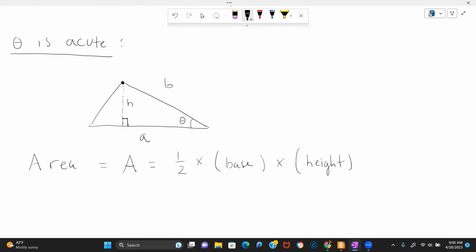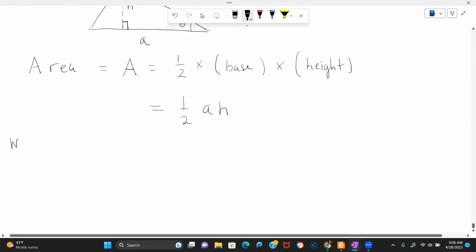And we don't really want to express the area in terms of this height h. So, first of all, the base is going to be A, and then the height is just going to be h.